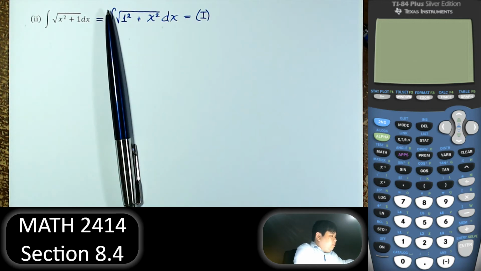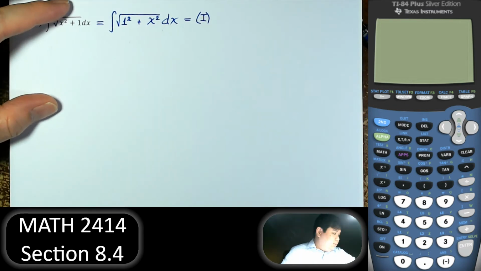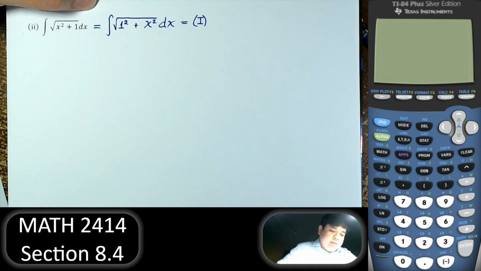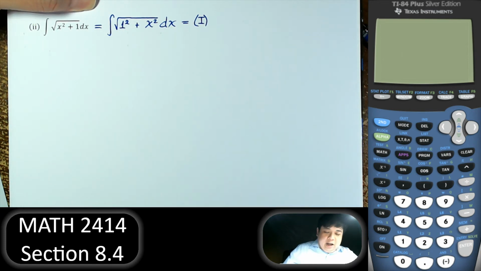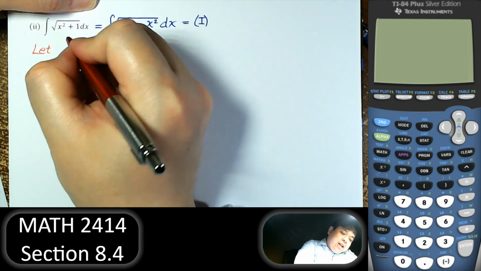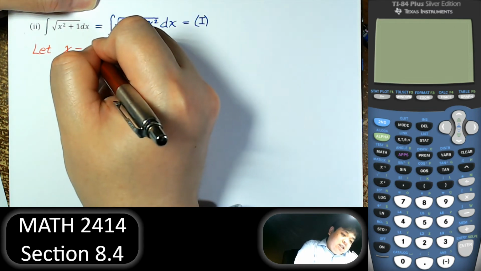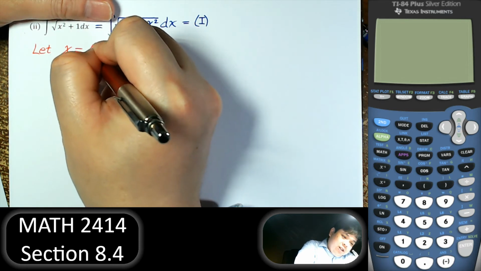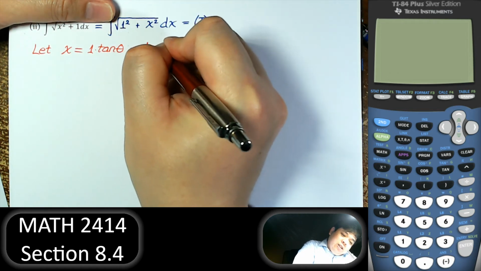Now, okay, let's start. Substitution. A squared plus x squared, constant squared plus x squared. So the substitution is, let x equal to 1 tangent of theta, or we just say tangent of theta.